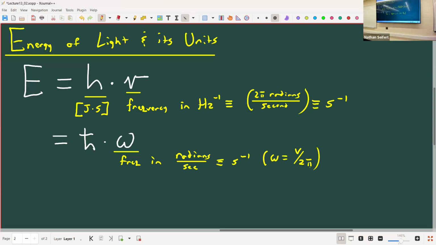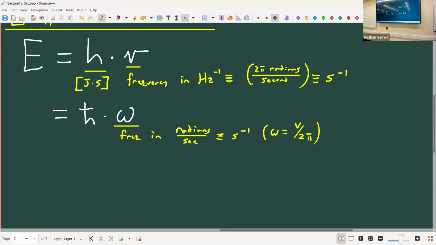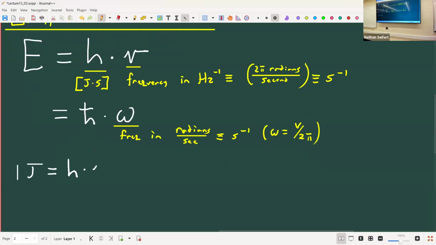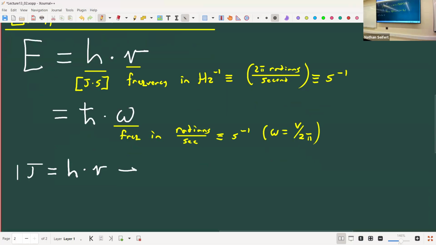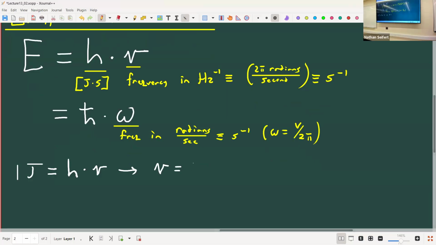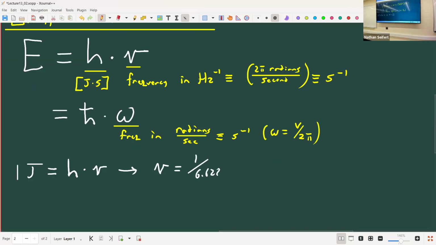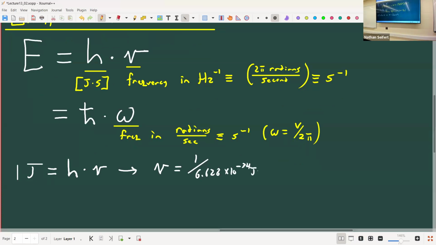Right, so if we have 1 joule, this is equal to h times our frequency. Right, so our frequency is 1 over 6.626 times 10 to the minus 34 joule seconds.